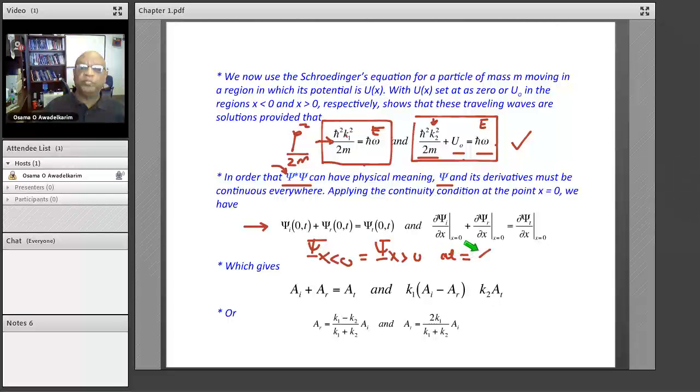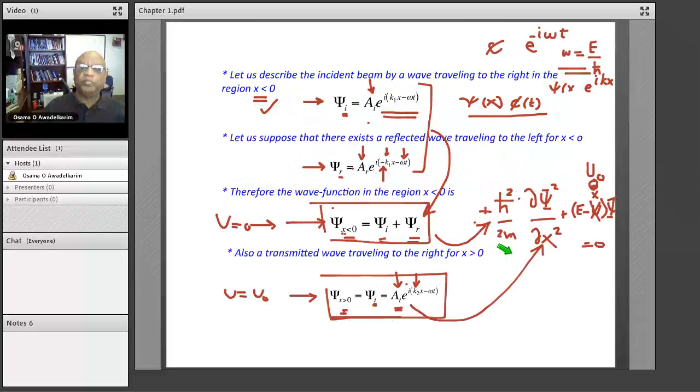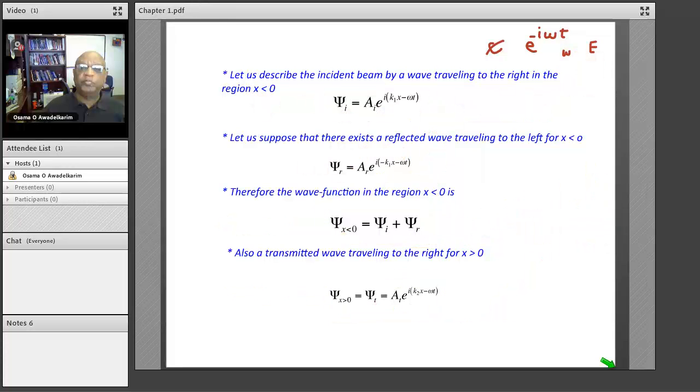So what I should do is go back to these two, maybe clean this up a little bit, and now use this wave function here and this wave function here, and then evaluate these wave functions at x equals 0.